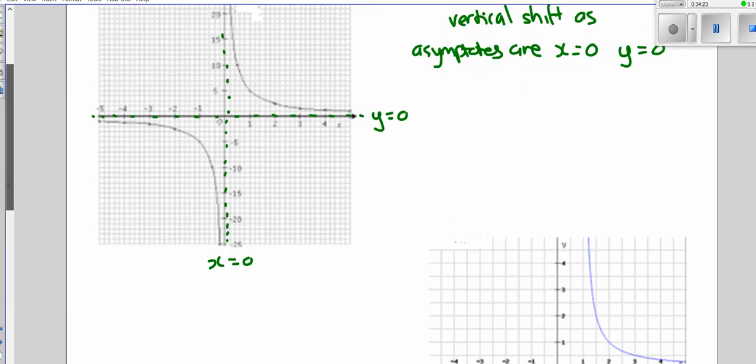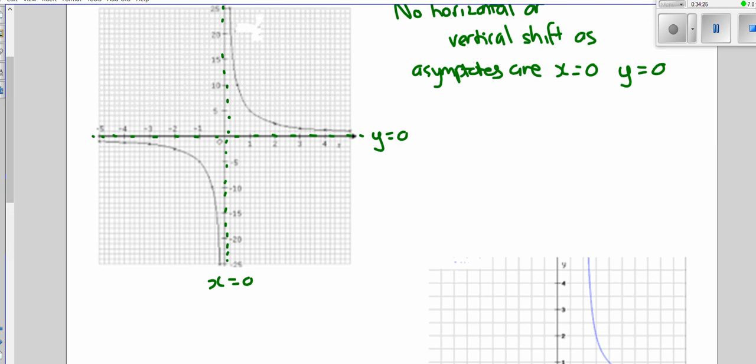General function, remember, is y equals k over x. But let's see, is k 1, is it 2, is it 3? It's a bit hard to tell. But we can use a coordinate. Let's use this coordinate right here. Coordinate is x is 1, y is 5. X, y. So let's sub it in.